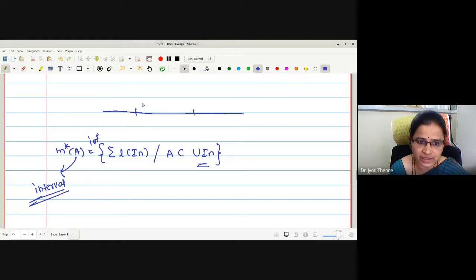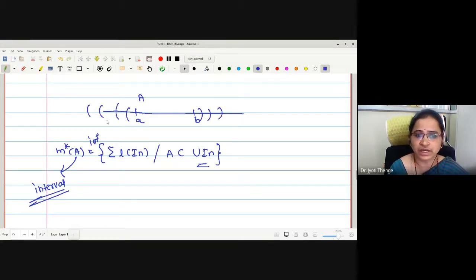For the time being, let me take a finite interval. Then what about the open coverings? All the open coverings will be the coverings that are going to cover this interval, right? No doubt this interval itself will be included in the open coverings.